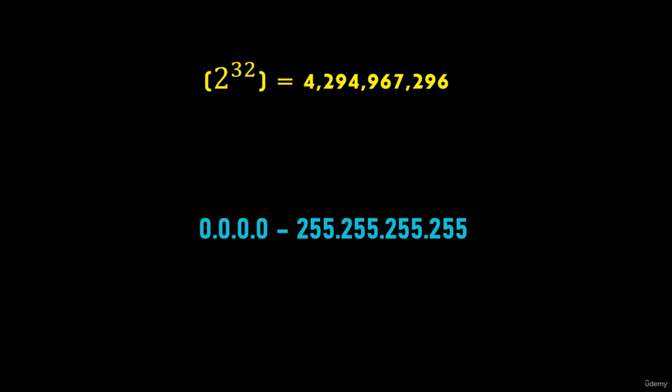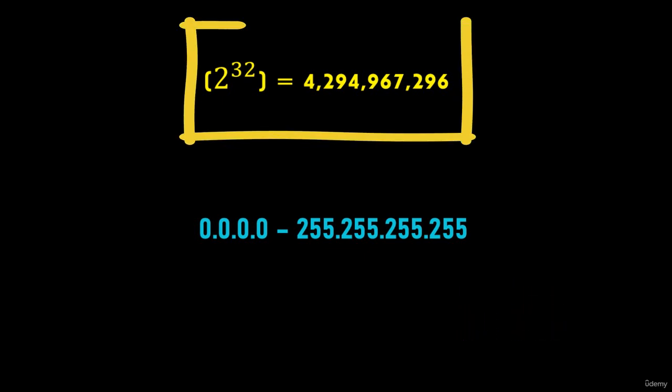IPv4 consists of 32 bits, so it consists of 4 numbers of 8 bits. The numbers that will create the IP address vary between 0 and 255. So it generates 2 to the 32nd, that's 4,294,967,296 possible addresses.